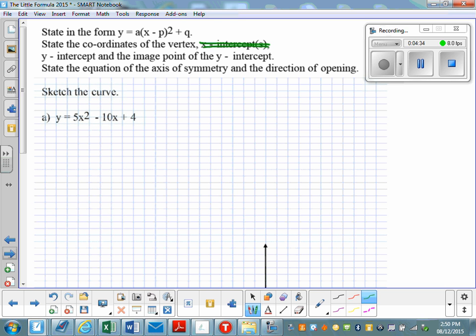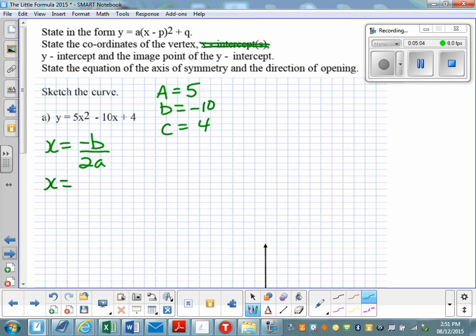So I'm going to use the little formula. So remember from here, a is equal to 5, b is equal to negative 10, c is equal to 4. Okay, and remember our formula for the little formula is minus b over 2a.